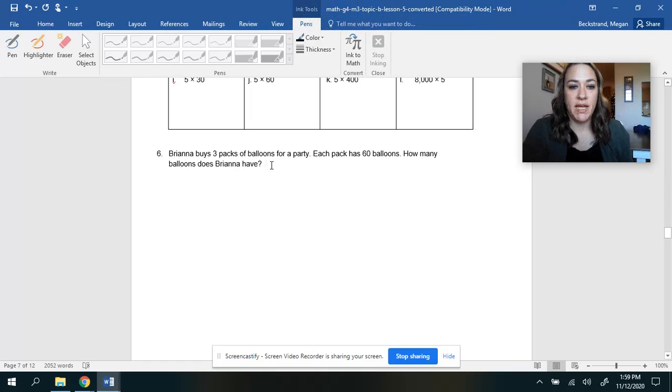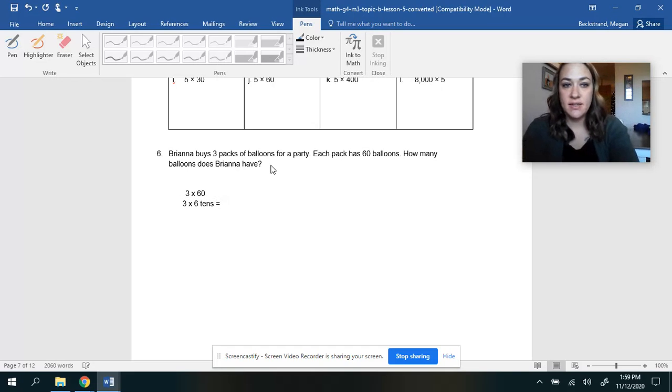So it says Brianna buys 3 packs of balloons for a party. Each pack has 60 balloons. How many balloons does Brianna have? Well, if we know that she has 3 packs, that's going to be important. And each pack has 60, so we're going to multiply it times 60. We could rewrite that as 3 times 6 10s.